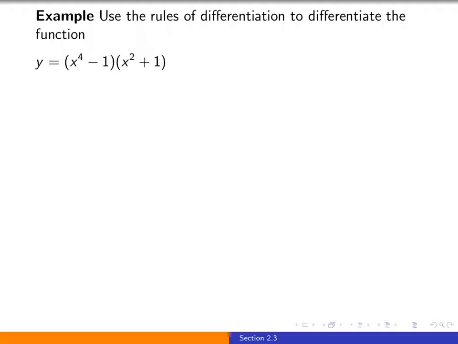The first function we would like to differentiate is (x^4 - 1) times (x^2 + 1). This is a product, so we are going to use the product rule. If you want to make the comparison to the previous slide, your first function is x^4 - 1, and your second function is x^2 + 1.